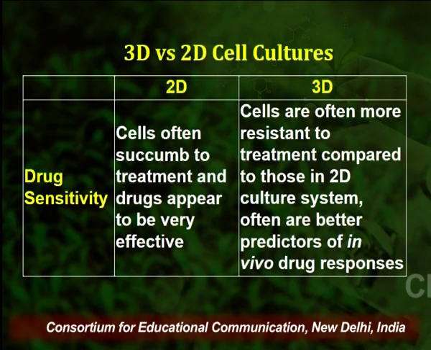We have a spheroid arrangement of the cells, so the inner core cells are not able to get exposed to the drug. Therefore, 3-dimensional cells present a more appropriate picture of the effect of the drug, and that picture is more comparable to the effects observed when those drugs are tested under in vivo conditions.